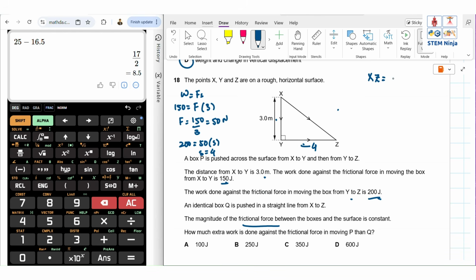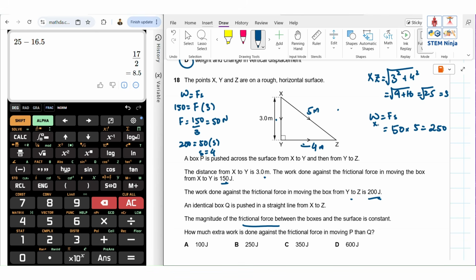So XZ would be the square root of 3 squared plus 4 squared. We're talking about the distance. So 9 plus 16, this is 25. The square root of 25 is just 5 meters. So the work done would be F times S, 50 times 5, which is 250.